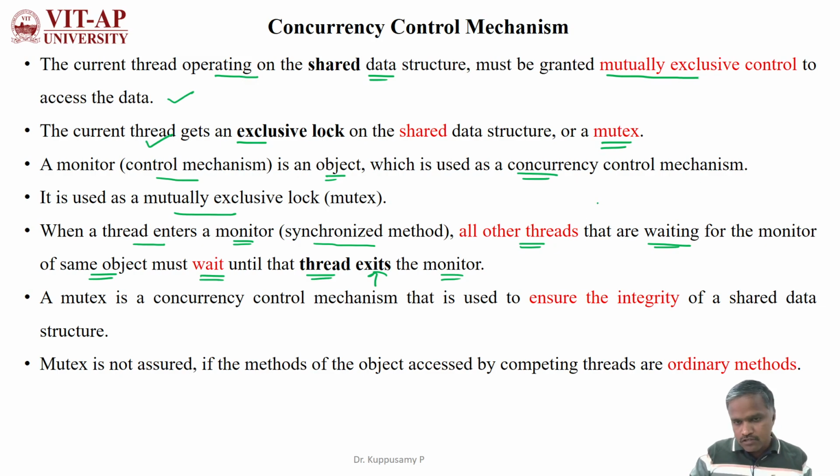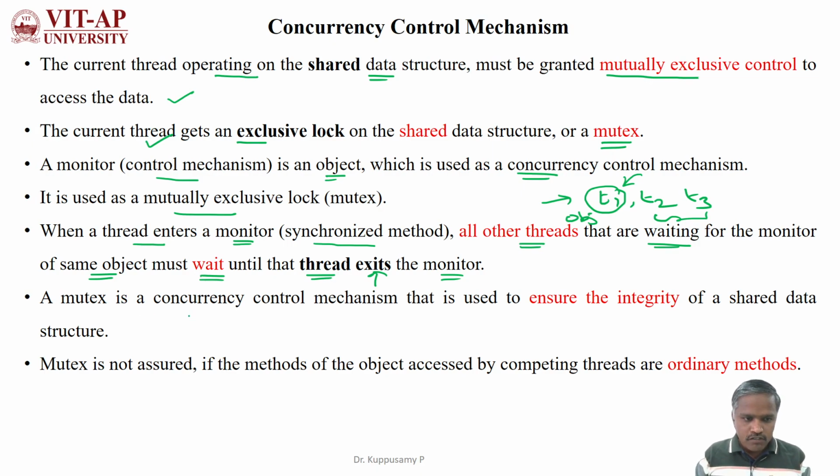Suppose you are using thread 1, thread 2, and thread 3. Assume that thread 1 acquires the mutual exclusive lock for that particular object. Then the other two threads have to wait until the completion of the process of T1 using the synchronized method.